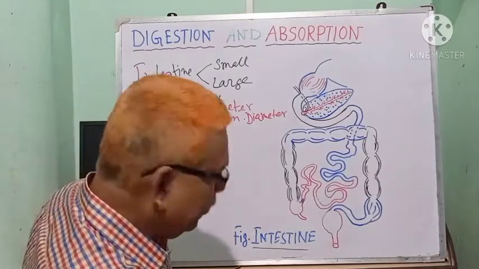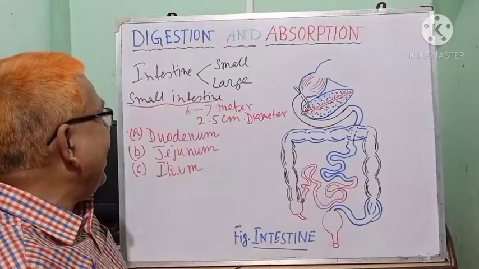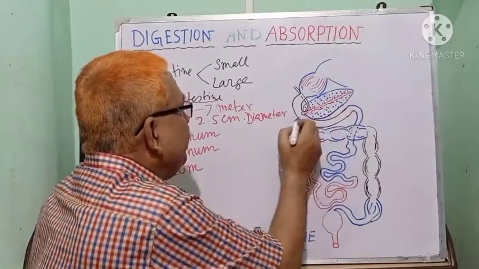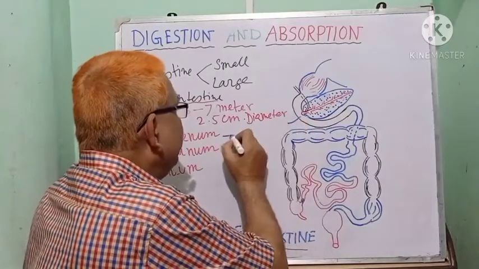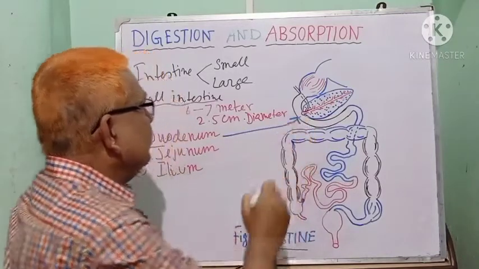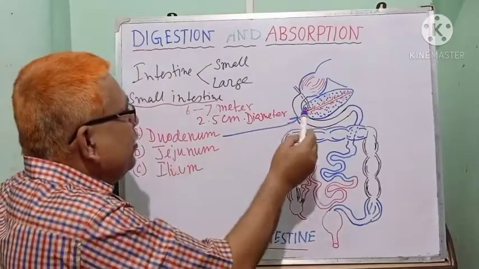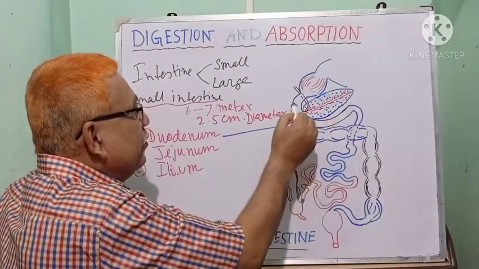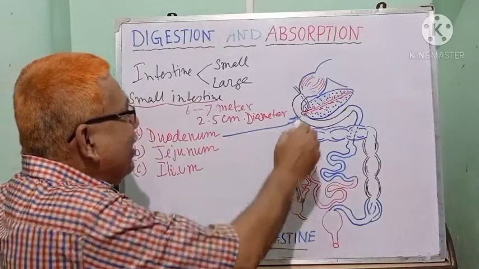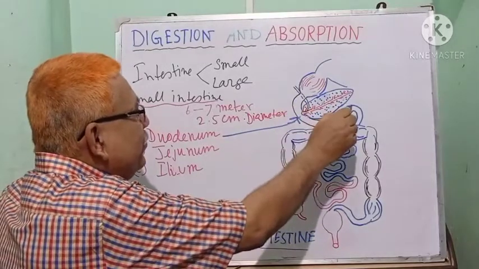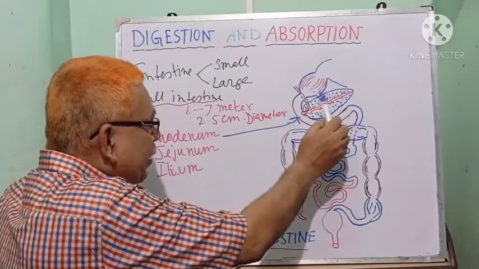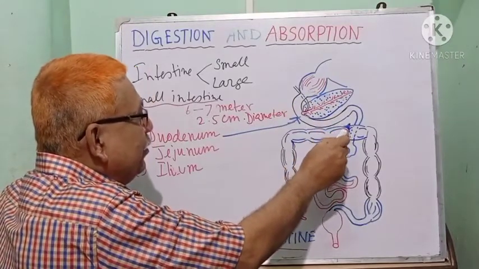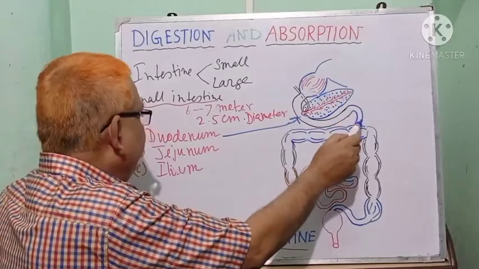So here, look at this diagram. This is duodenum. It is somewhat sheath-shaped structure, and this part lies in between stomach and jejunum.